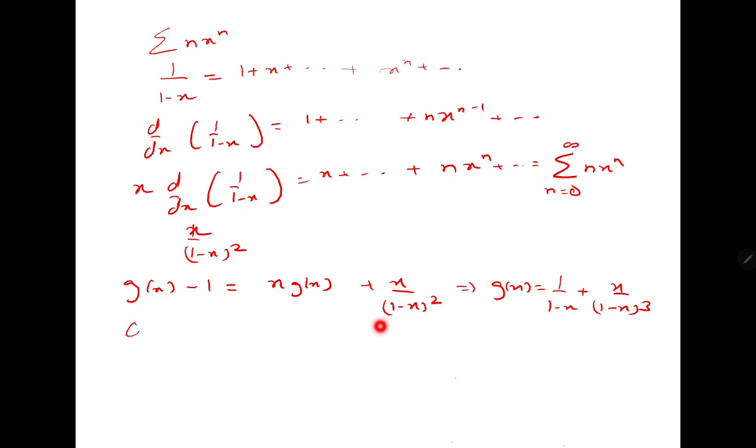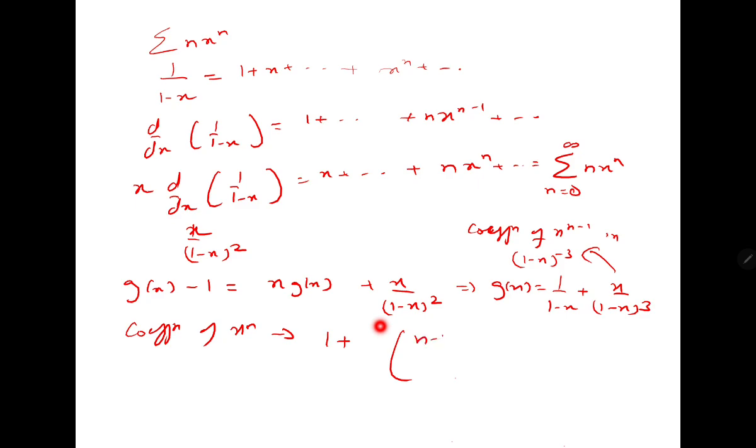Now coefficient of x raised to the power n. From the first term it is 1 only, because 1 plus x square and so on, and from the second term I need the coefficient of x raised to the power n minus 1 in 1 minus x raised to the power minus 3, which is C(r plus n minus 1, r).